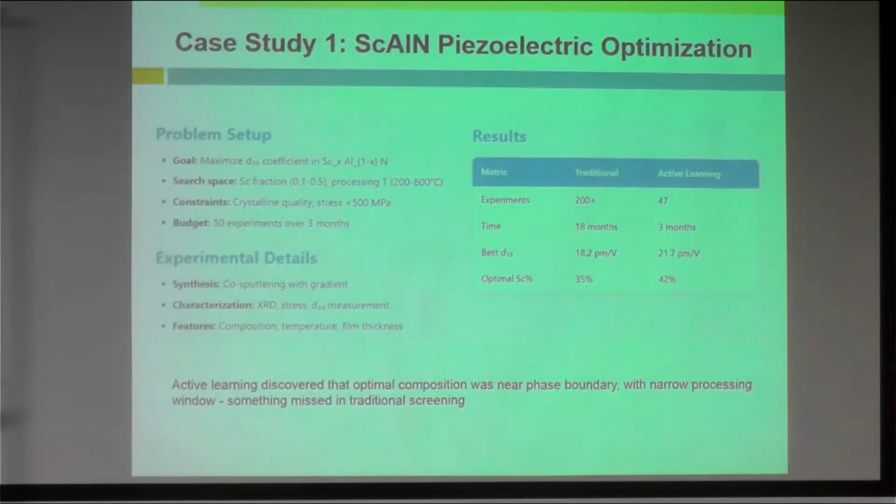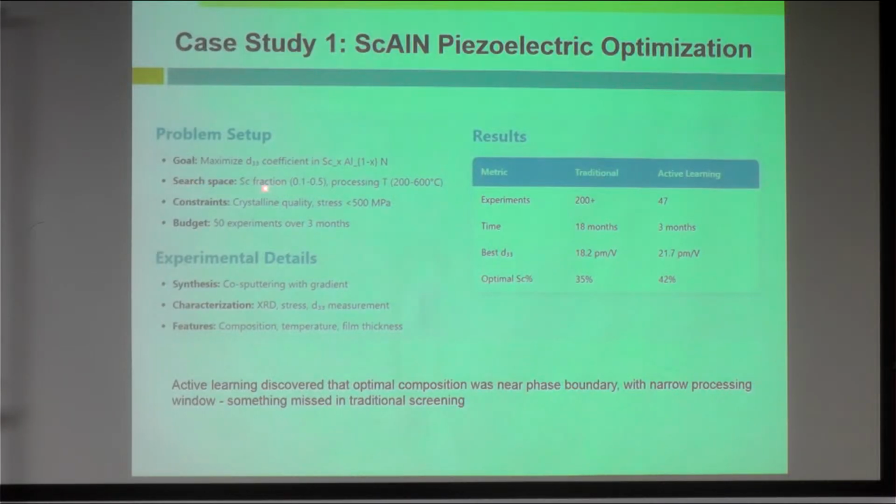So we look into the case studies. Case study number 1: scandium aluminum nitride piezoelectric optimization in terms of the property itself. For example, the problem setup here: the goal is to maximize the D33 piezoelectric coefficient in this material, ScAlN.